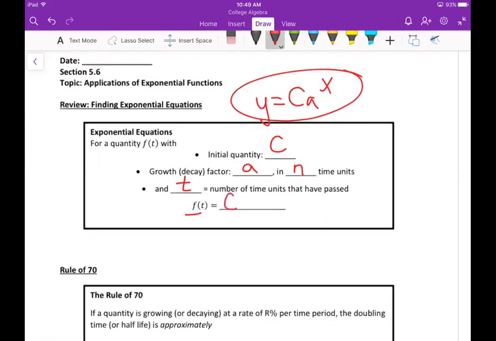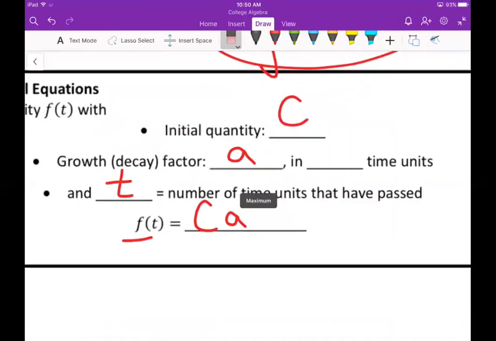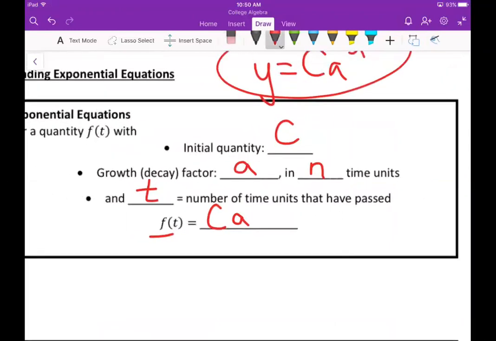We still take that initial value times the growth factor, but instead of thinking of this in terms of x, which would be in terms of time periods, you can change it to that single unit. So t is in terms of days or minutes or whatever that single time unit is. We convert to that by always dividing by whatever the doubling time, half-life, or growth factor in terms of so many time units is.